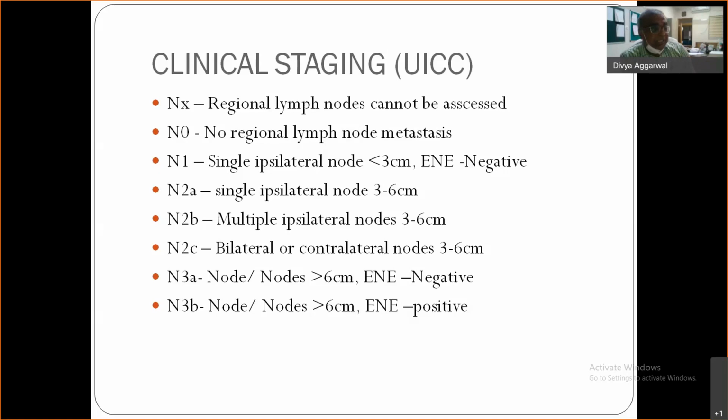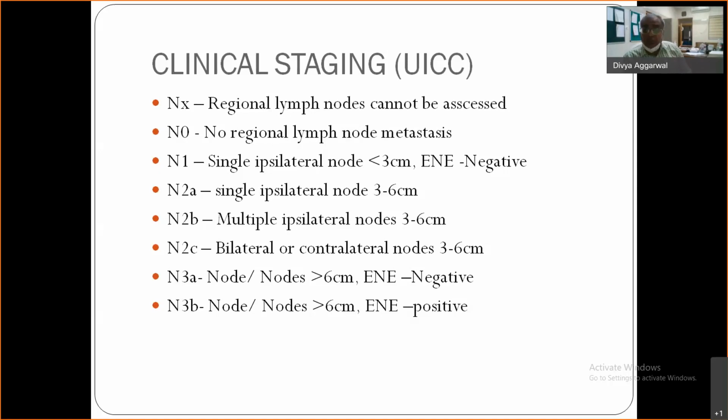but now they are giving importance because there was a criticism that if there is an extranodal spread, that is not taken into account by this clinical staging. So they have now introduced an N3A and N3B. N3A is nodes which are greater than 6 centimeter, but no extranodal extension. And N3B is nodes which are greater than 6 centimeter, but with a positive extranodal extension.